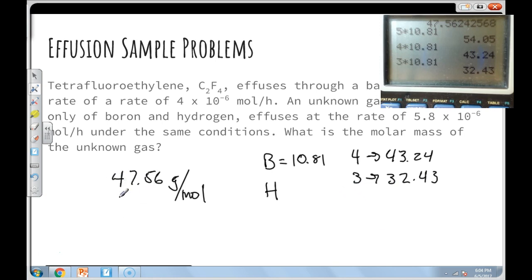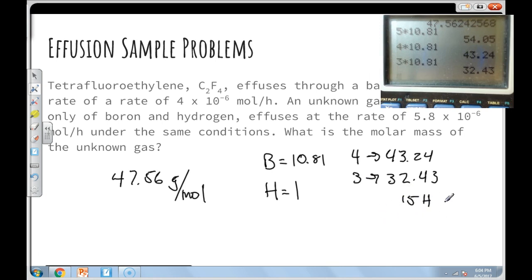So how many hydrogens is that? Each hydrogen has a mass of about 1. So this is going to be about 15. So if it's this, it's going to be 15 hydrogens. So 3 borons with 15 hydrogens doesn't seem like the best.